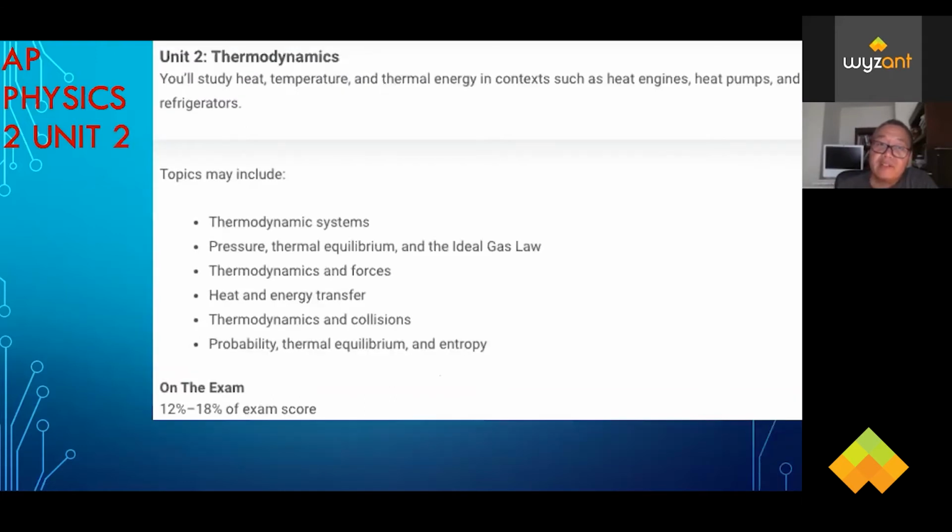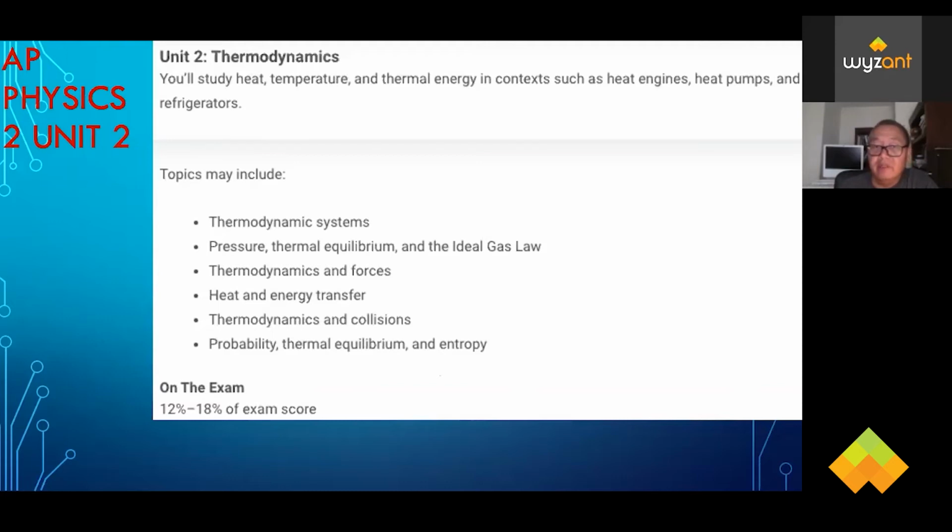Unit 2, that's thermodynamics. In this unit, you need to learn heat, temperature, and thermal energy in systems, such as heat engines, heat pumps, and refrigerators.